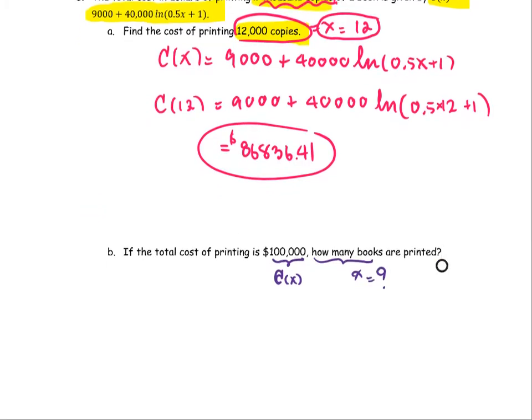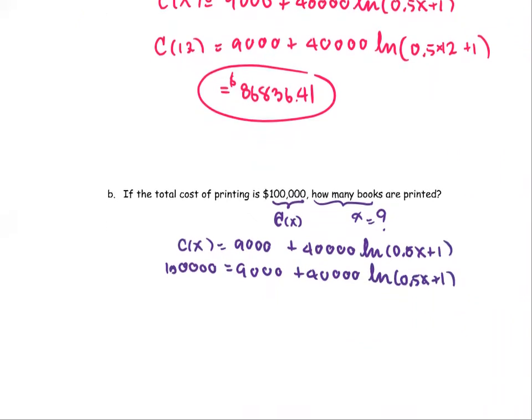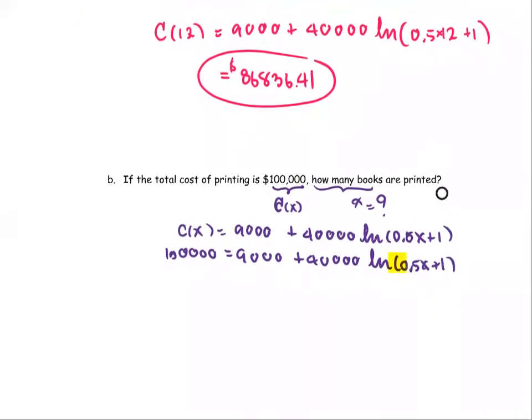For the C(x) that is provided to us, 9,000 plus 40,000 multiplied by natural log of 0.5x plus 1, replace C(x) with 100,000. So 100,000 equals 9,000 plus 40,000 times the natural log of 0.5x plus 1. Our goal is to solve for x, which is the expression inside the log term here.